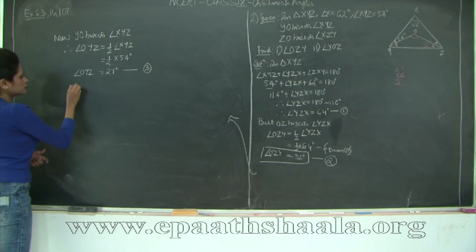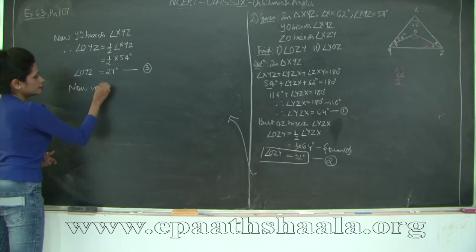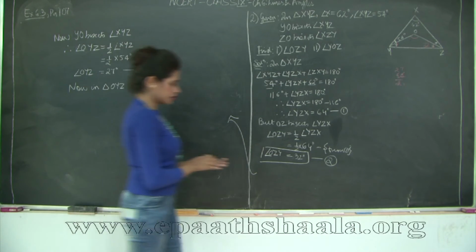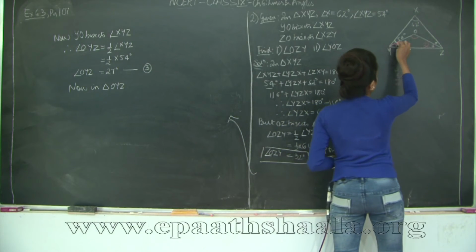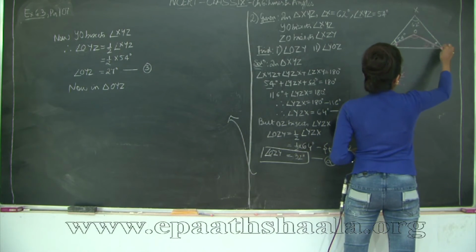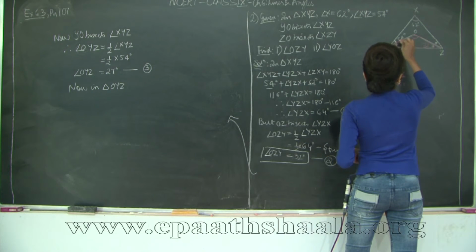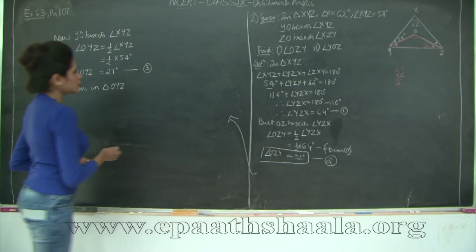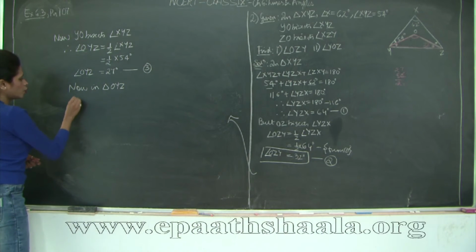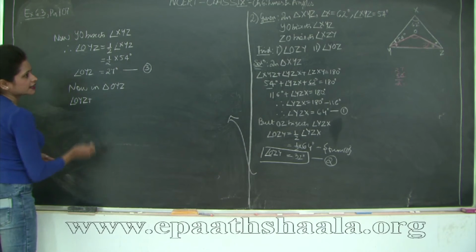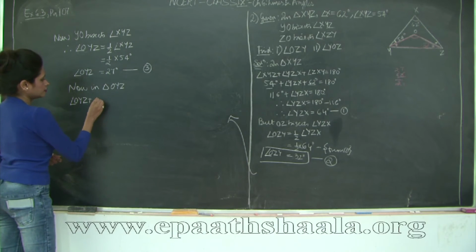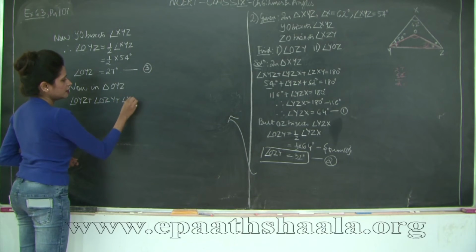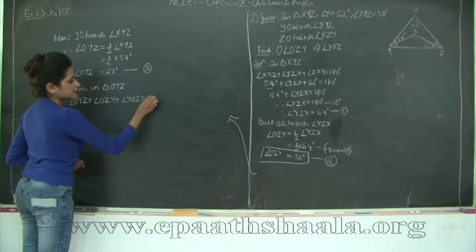Now, in triangle OYZ, so which triangle are we talking about? We are talking about this small triangle here. Correct? In this triangle, what do I have? Angle OYZ plus angle OZY plus angle YOZ is equal to 180 degrees.